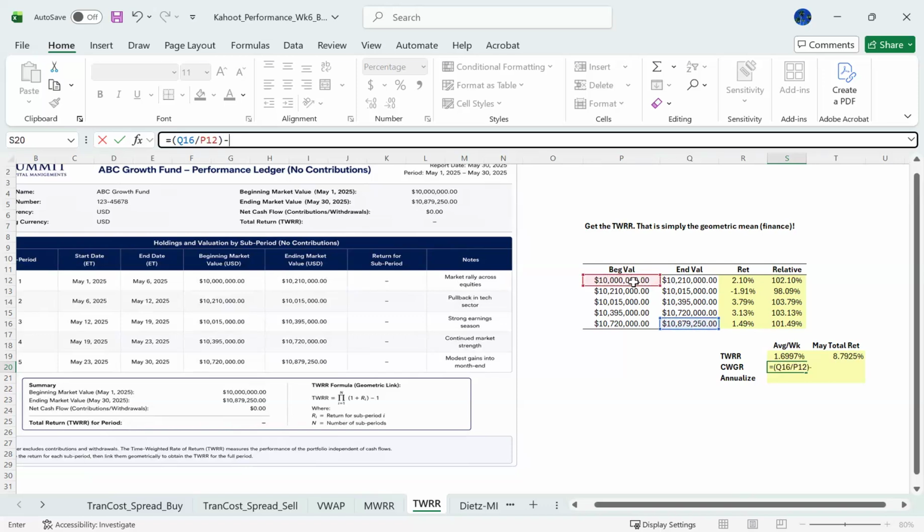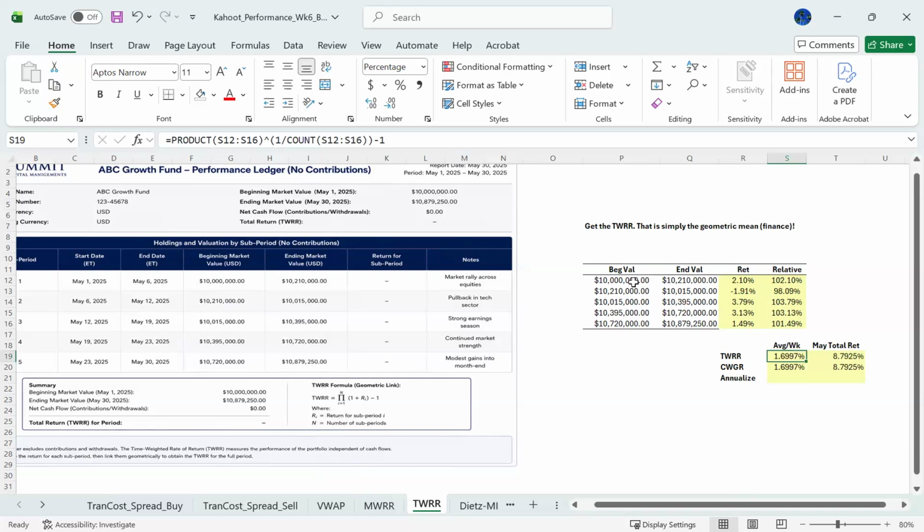At this point, if I simply subtract 1, that gives me the overall return for my portfolio from the first observation I have in May until the last observation I have in May. But I'm interested in the average per week in this case. And then I would do the same as we did in the row above. So we would raise this to the power of 1/5 and then -1. And it's just giving us the result.